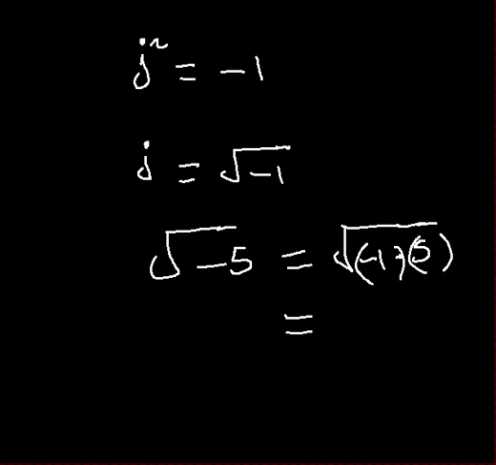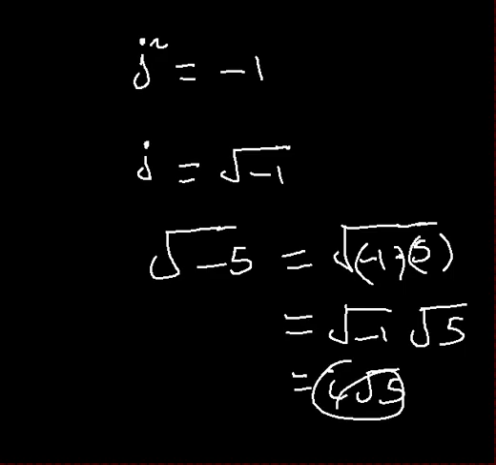This is the same as the square root of negative 1 times the square root of 5. Now what is the square root of negative 1? That is the same as i, not j. And therefore, we should have i square root of 5. So that is the same as that.